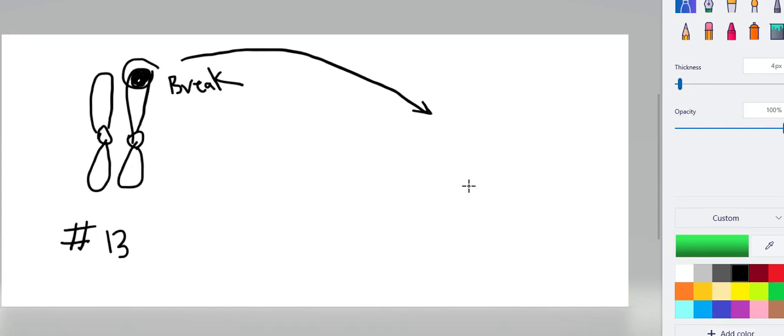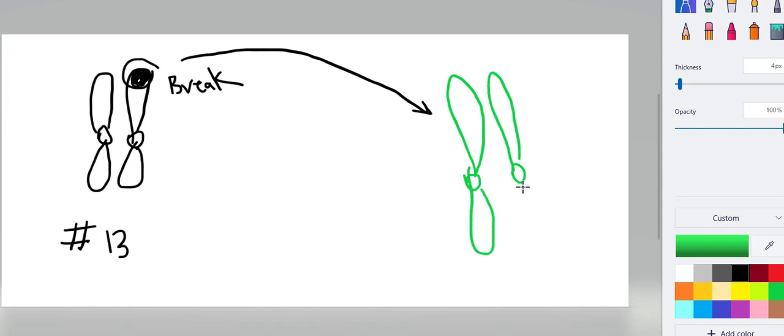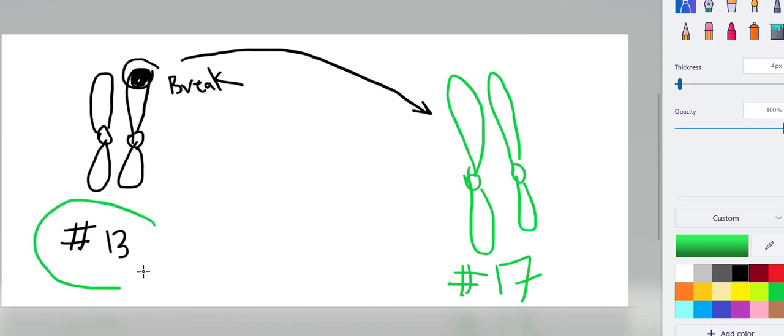For example, this is another chromosome, number 17. These are two non-homologous chromosomes. This is one chromosome and this is another. Transfer of genetic pieces between two non-homologous chromosomes is called translocation mutation.